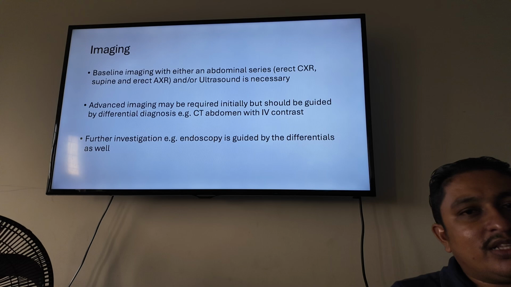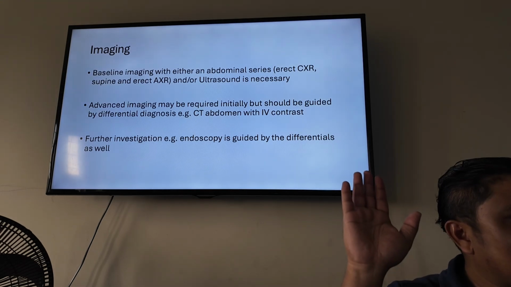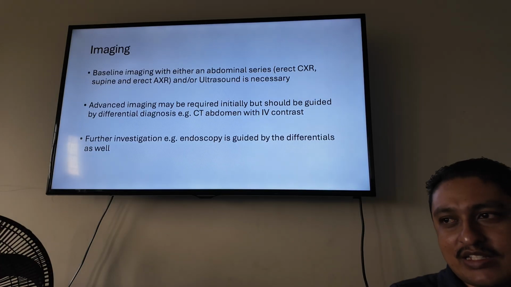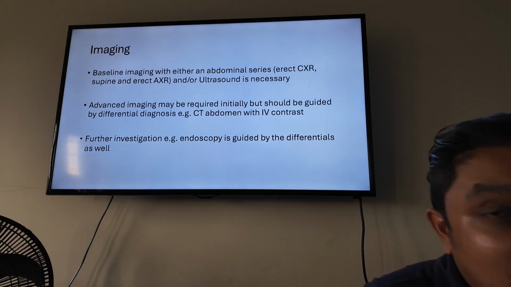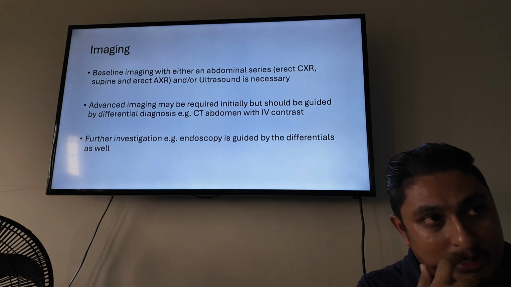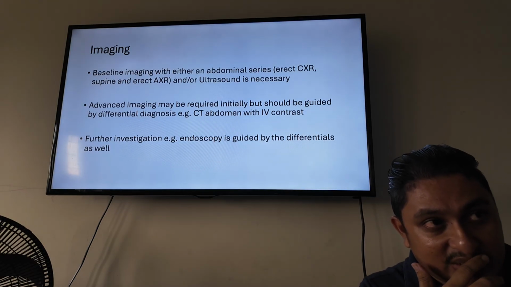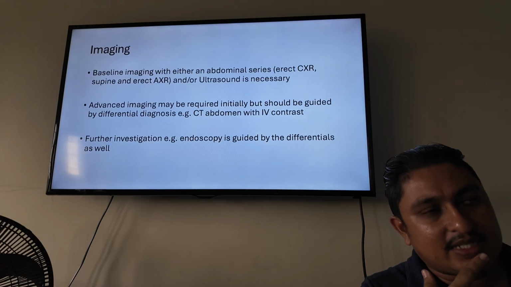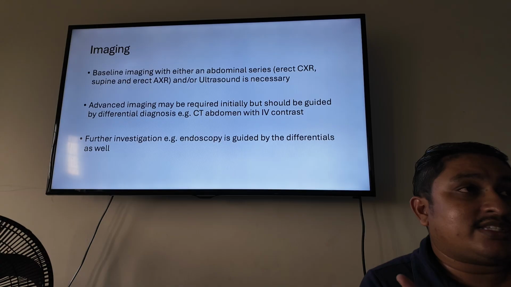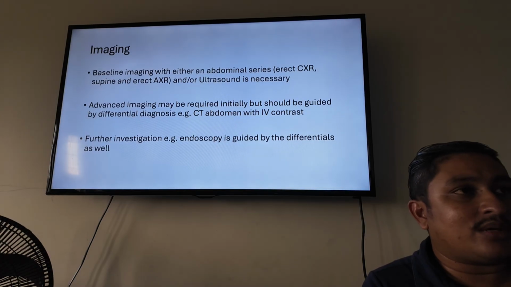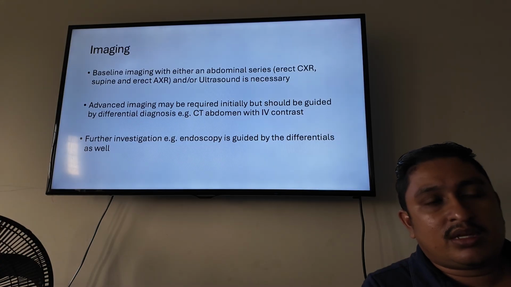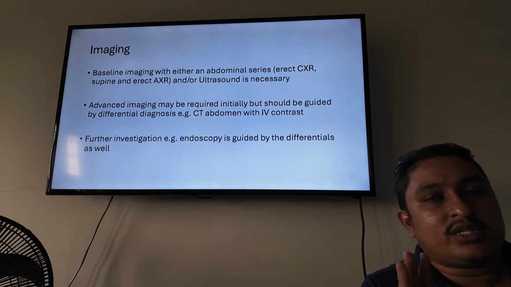How many people here are guilty of ordering CT scans all the time? Me, I'm very guilty of ordering CT scans all the time. You know why? Because it's available. I had a conversation with one of my consultants recently. I said, Doc, I find that I'm ordering a lot of CT scans, like I feel as though I'm doing too much. And he said to me, don't worry about it.